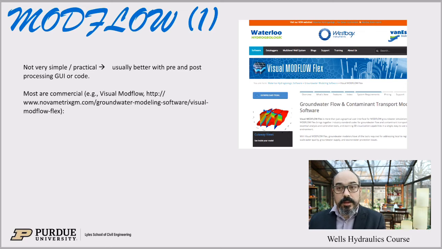The problem with MODFLOW in general is that it's not very simple or practical, so it's usually better to use one of those pre and post-processing packages. The reason it's not practical is that MODFLOW is coded in Fortran, and it's one of those old-fashioned scientific codes where the input files are all text files.